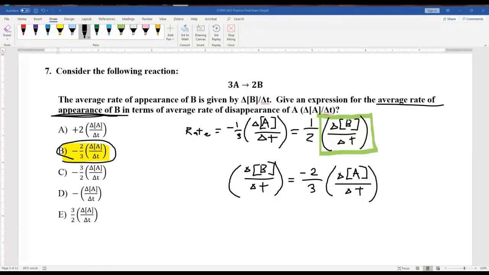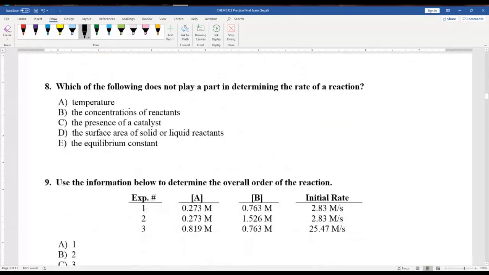So let's go ahead and take a look at the next one. It says, which of the following does not play a part in determining the rate of reaction? So this kind of comes down to the kinetic molecular theory of reactions.